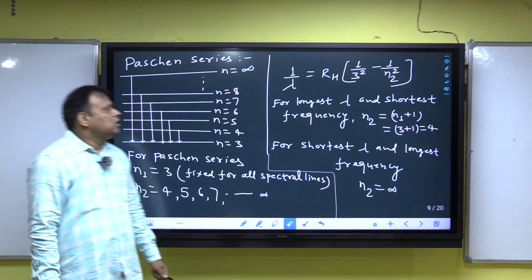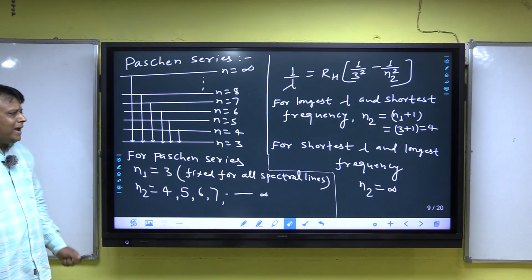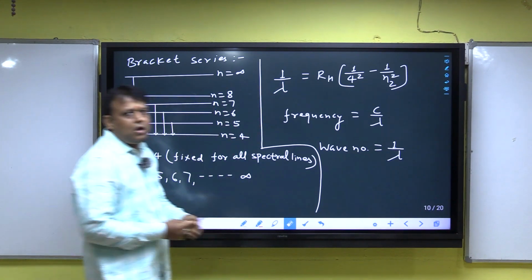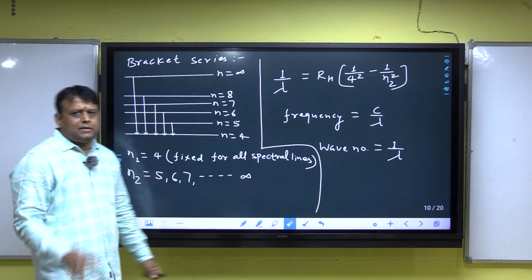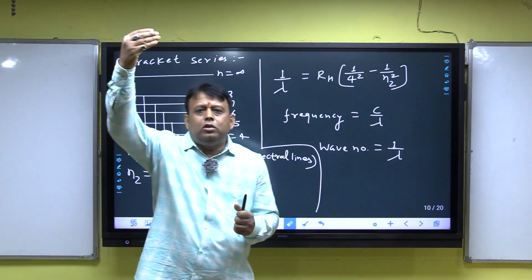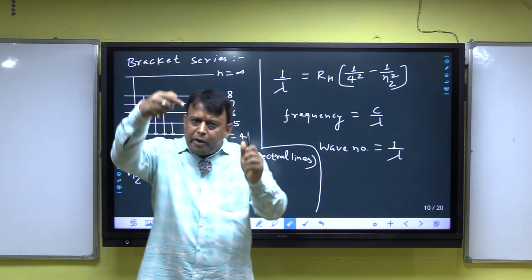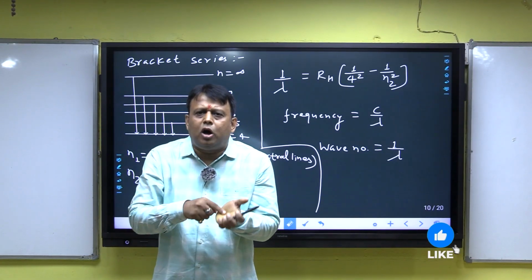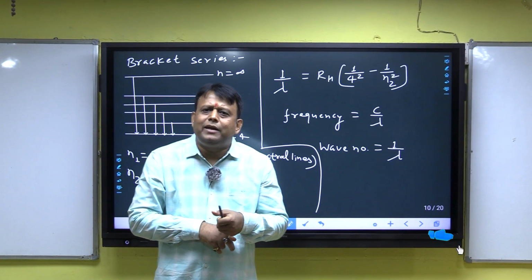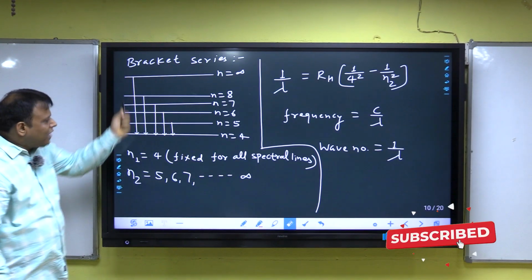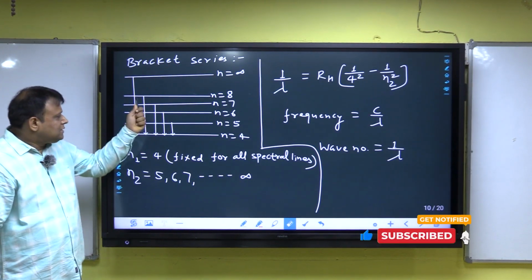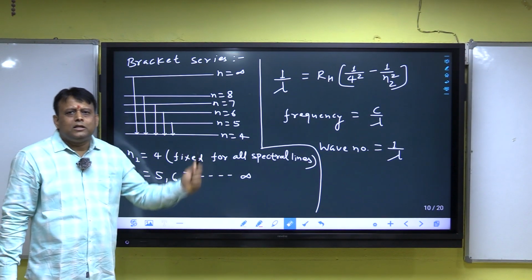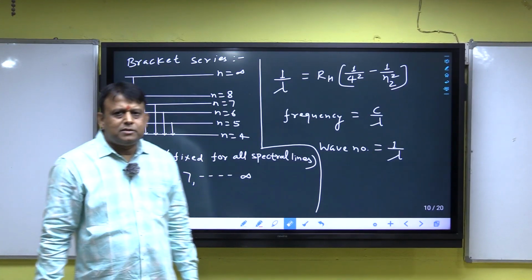Now I will discuss the fourth series, named Brackett series. Write down fast. In Brackett series, listen, same thing. When an electron falls from a higher orbit to the 4th orbit, and the 4th orbit means third excited state, infinite to 4th, 8th to 4th, 7th to 4th, 6th to 4th, 5th to 4th, it is called Brackett series.